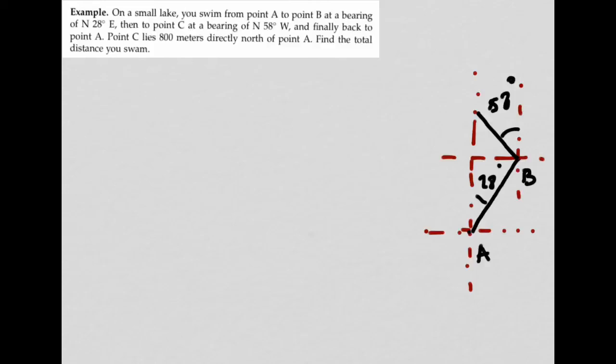And finally back to point A, and we know that point C lies 800 meters directly north of point A. So here's point C, and that completes our triangle, and we know B is 800. So the point from this problem is to find the total distance you swam. So I want to figure out all of the three lengths. This is side length A, we know side length B, and we need to figure out side length C.